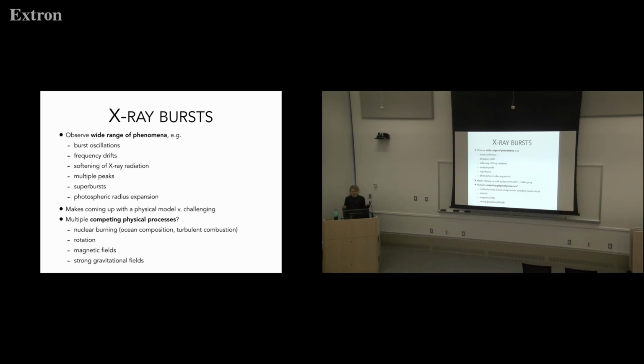This is kind of annoying because it means coming up with a physical model is very challenging. You've got to explain all these different physical phenomena using a single model. So it's pretty difficult. And it also suggests we have multiple, possibly competing physical processes happening. Not only do we have nuclear burning, the actual nuclear fusion itself, so we've got to worry about the composition of the ocean.